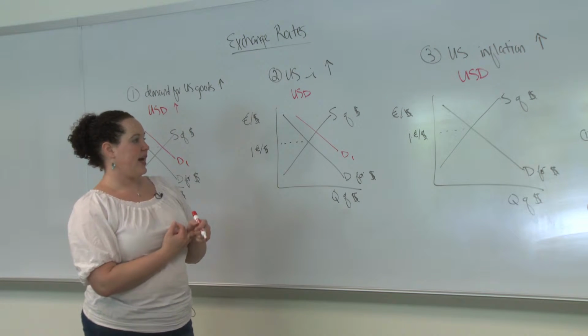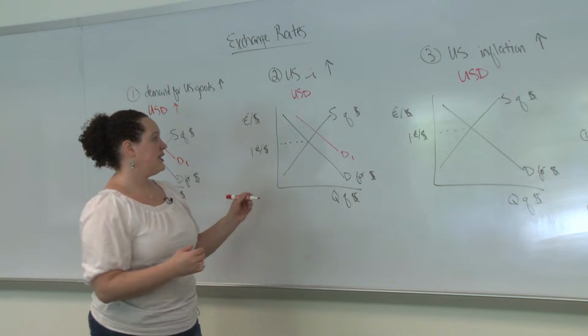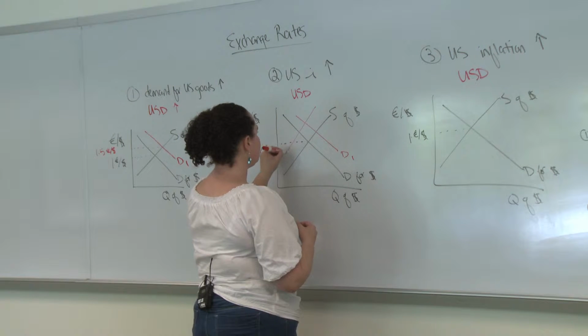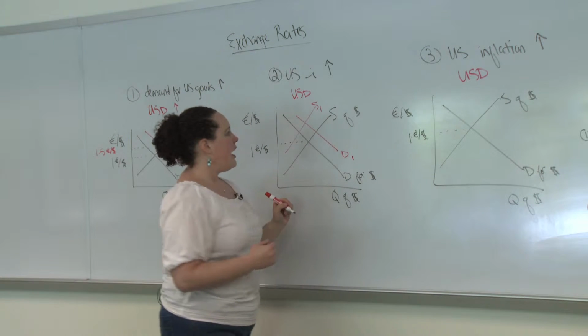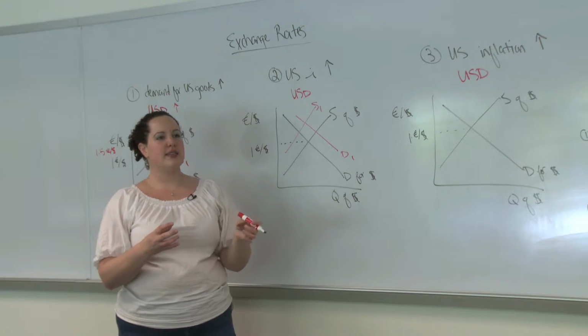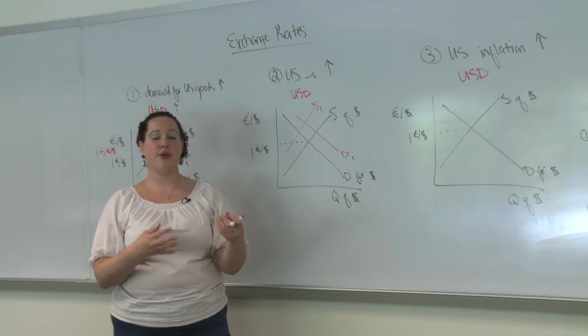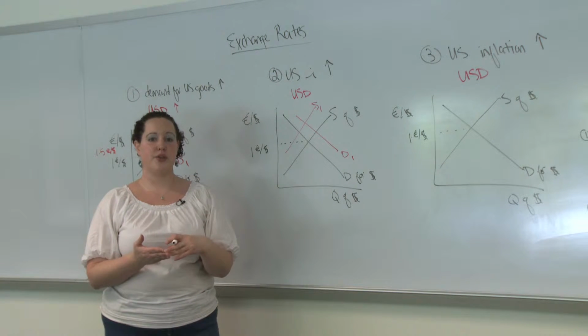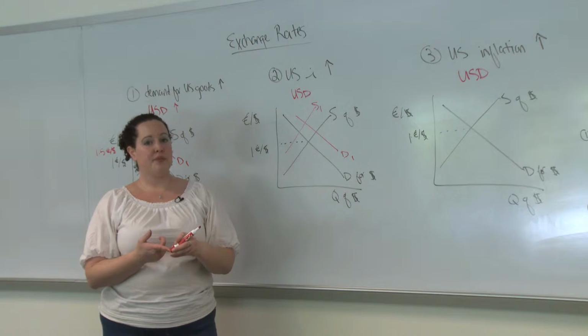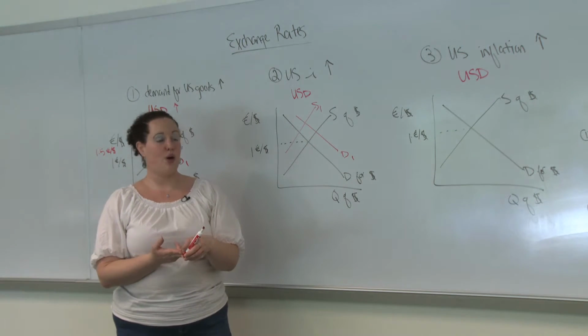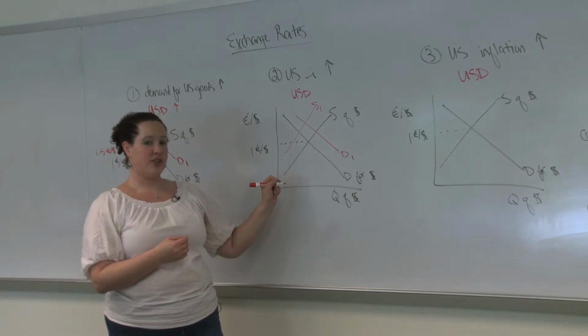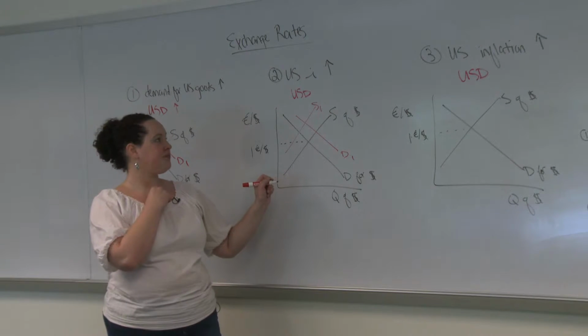The second part of what happens is that the supply of dollars decreases. And the reason that happens is because basically, if you're a US citizen, there are three things you can do with your money. You can spend it, you can save it in a bank, or you can put it on this international exchange market for dollars.